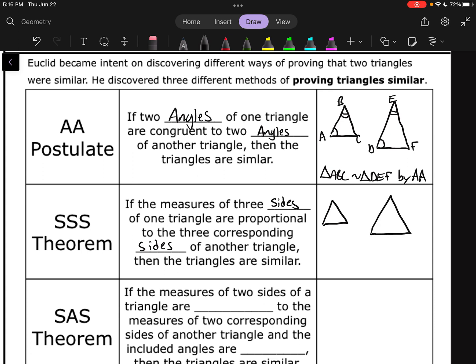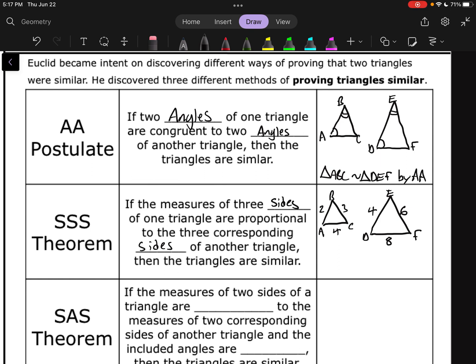So maybe if we've got something like this, if the sides are 2, 3, and 4, and then the sides over here are 4, 6, and 8, right? We can see that all the sides are being doubled. So all the sides are proportional.